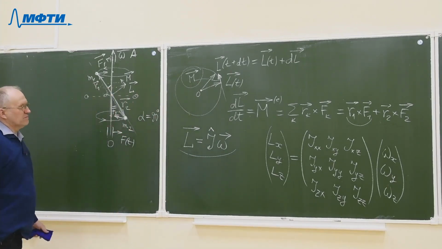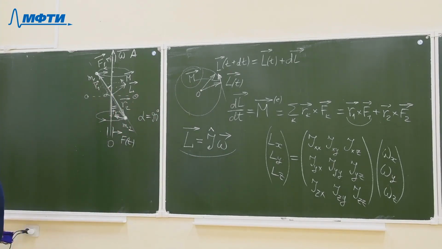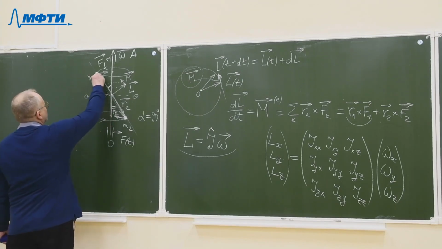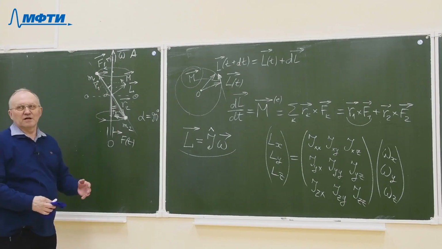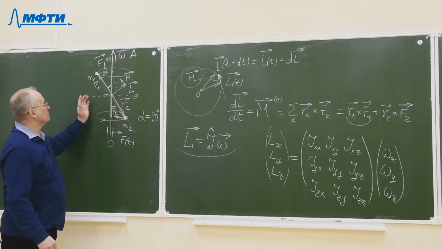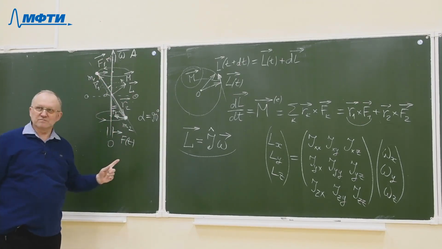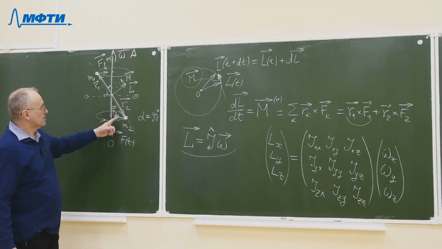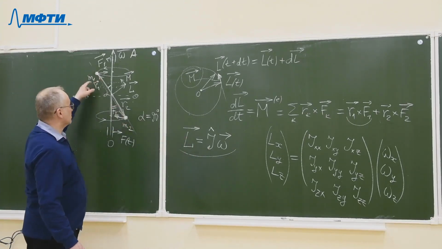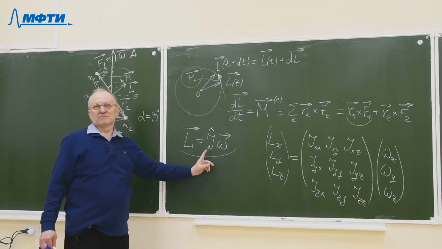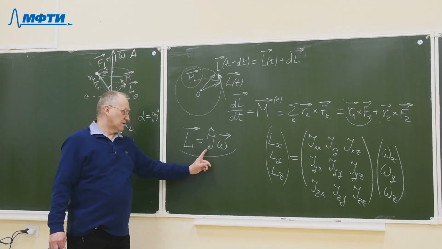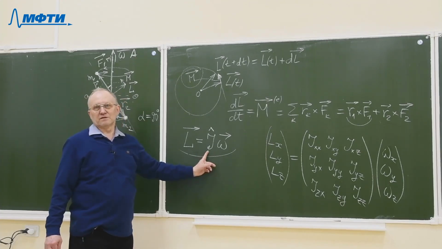So the main conclusion we have to make now is that in general case, when the mass of rotating body is distributed non-symmetrically with respect to the axis of rotation, in this general case, the moment of inertia of this rotating body must be a matrix rather than a scalar quantity.